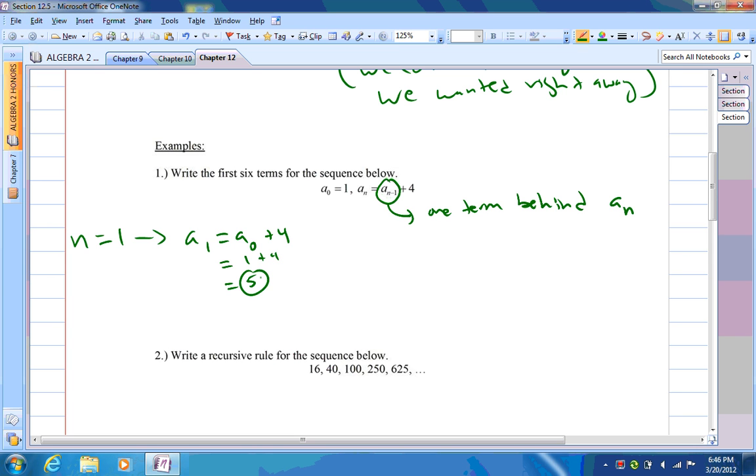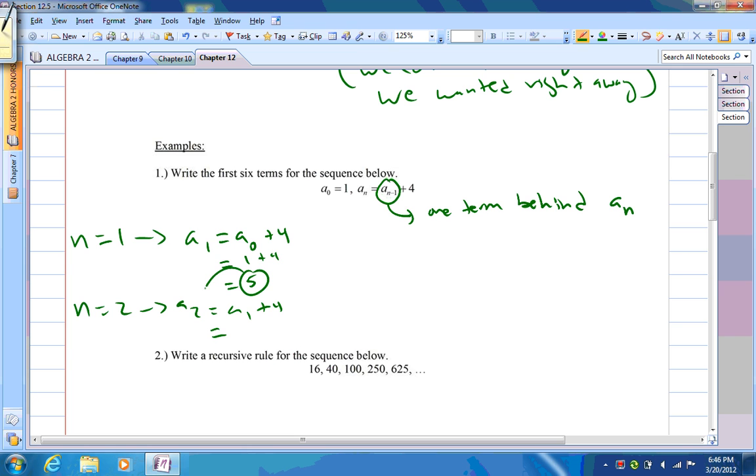Now if I said find me the 10th term, I first have to find the first, second, third, fourth, fifth, sixth, seventh, eighth, ninth until I get to the 10th term. So I can't get to the 10th term right away. I have to find all the other terms along the way. So now n equals 2, a2 equals a1 plus 4.